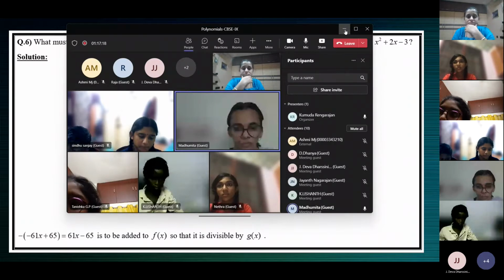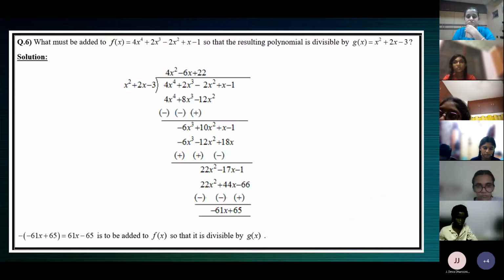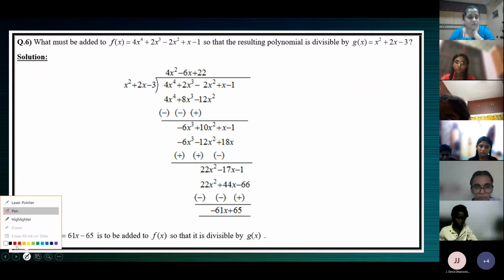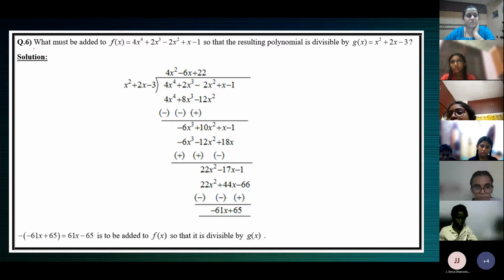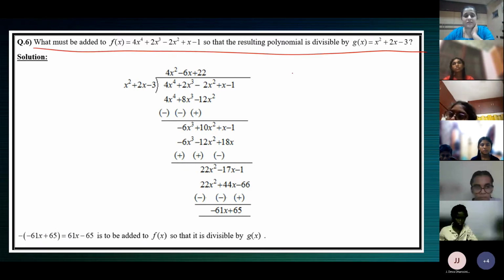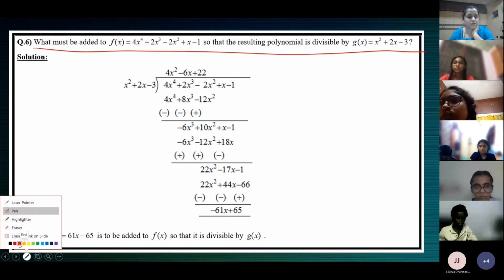Ma'am, can I try? Madhumita, is it? Yes, ma'am. All right. Now class, we'll just see how the division process works. We'll understand this question later. We'll just see how to perform the long division involving polynomials.